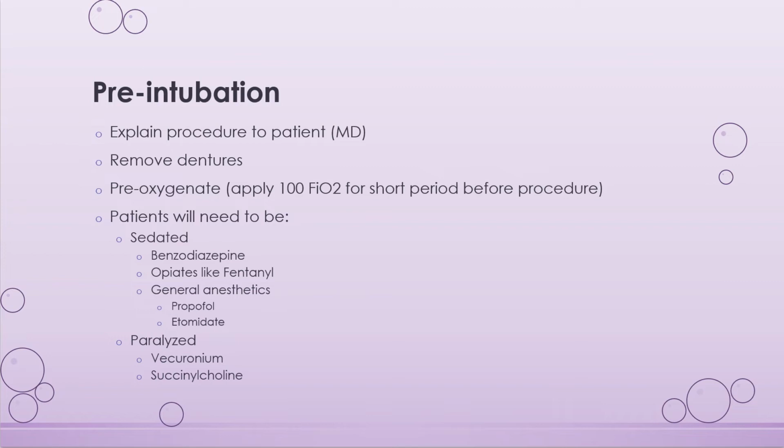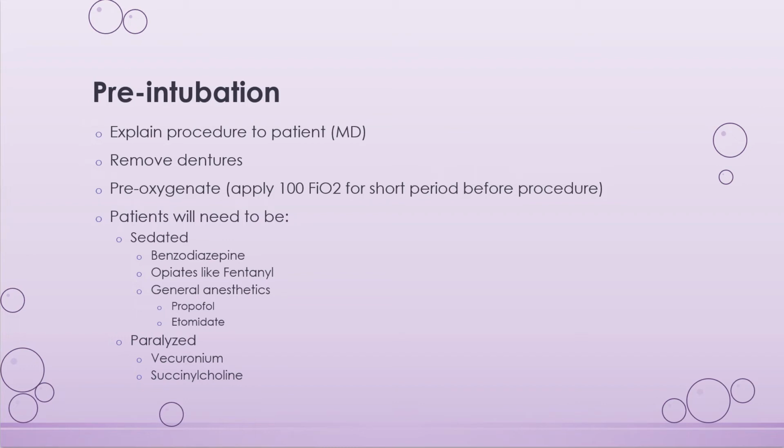Unless the patient is dead and we're doing compressions and trying to save their life, then we're going to assume, unless they have an advance directive, that they want to be intubated. We're going to remove their dentures. I can't tell you how many patients I've had over the years where they do the x-ray and they find dentures down in the throat because they didn't take the dentures out. So you want to inspect the teeth and look at the dentures.